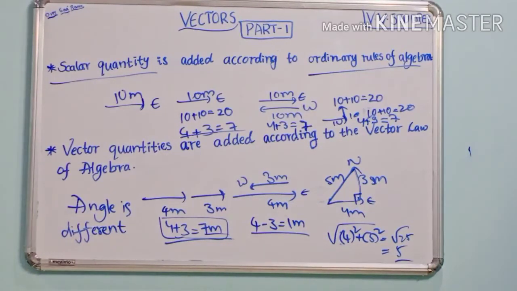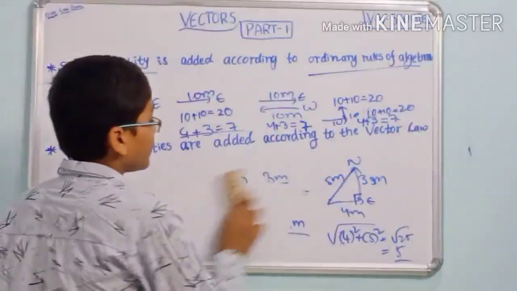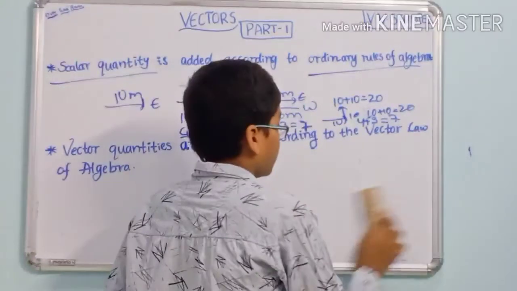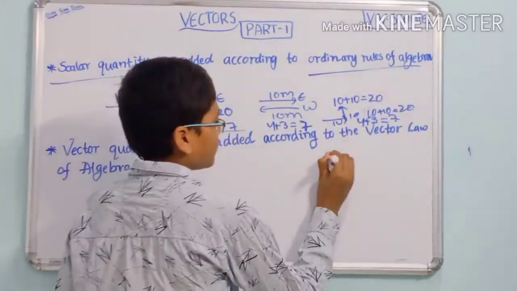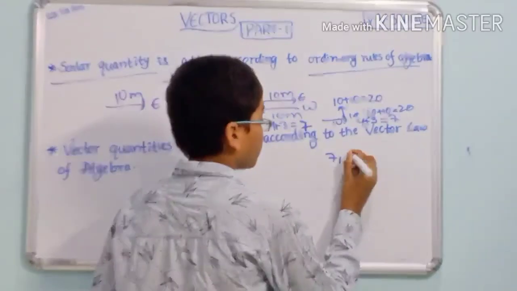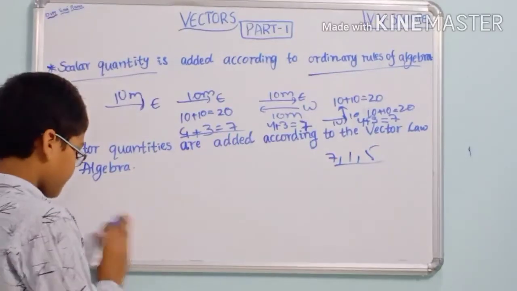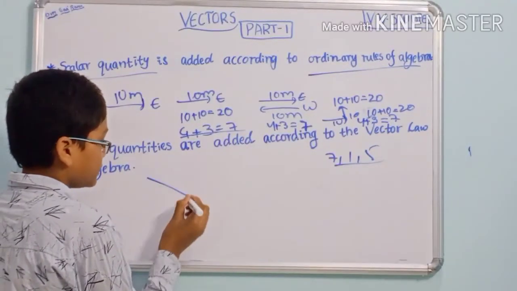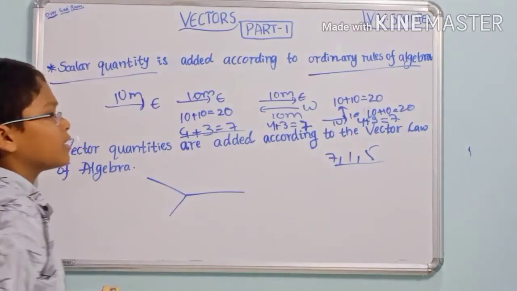Now you can understand why energy and temperature or electric current are not vectors. What are the resultants we got? 7, 4 minus 3 is 1, and 5.